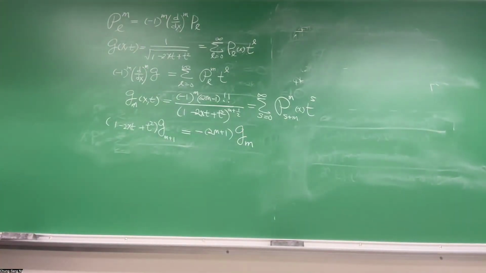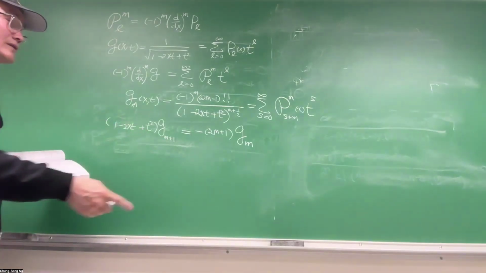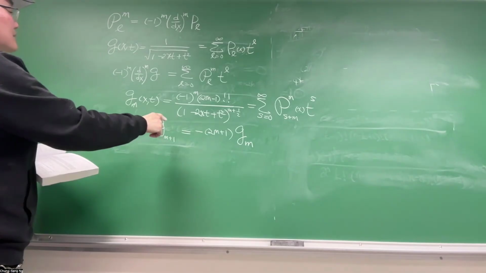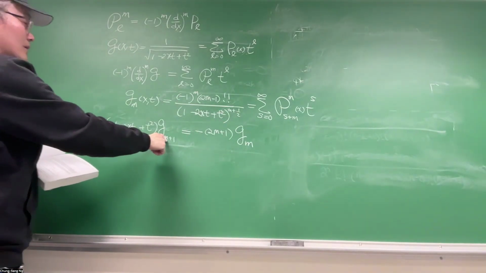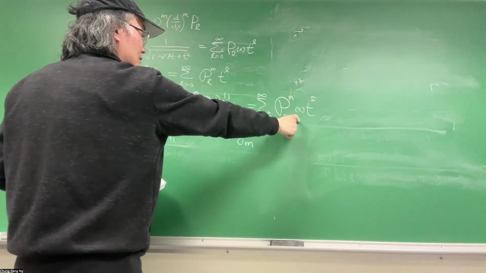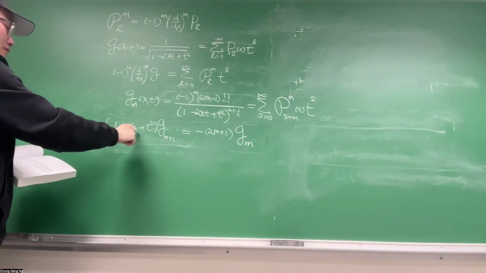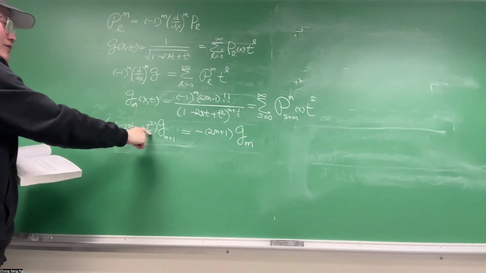Okay, so this is another way to derive another recurrence formula, because if you substitute this one to here, this one involves all these objects with m plus 1. This changes m plus 1, this changes m plus 1, right? And then now you have these two terms that involve another extra t factor and extra t square factor.